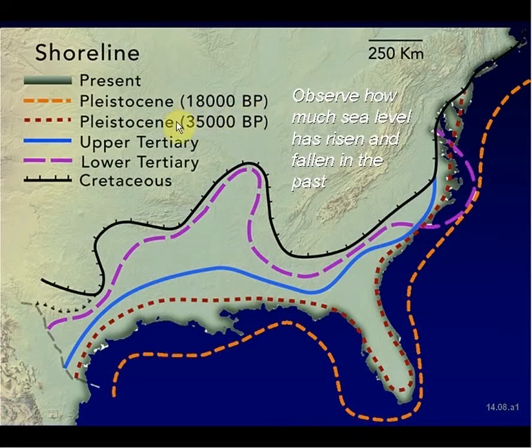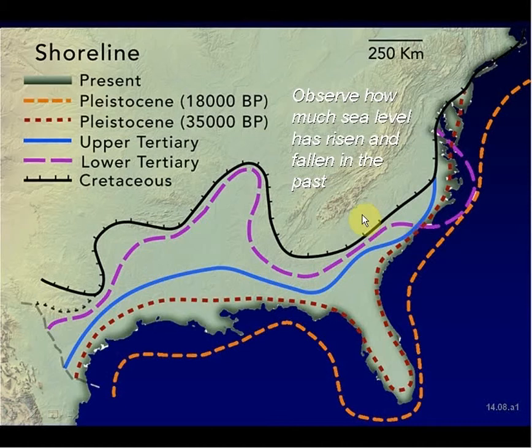We can basically think of this as about 35,000 years ago, and then 18,000 years ago in the orange dotted line, which is about the maximum of the last ice age. And so we see here the maximum of the last ice age, we've got the lowest sea level.